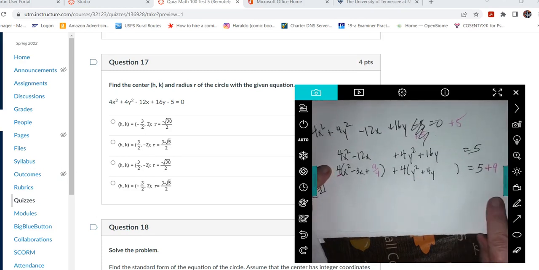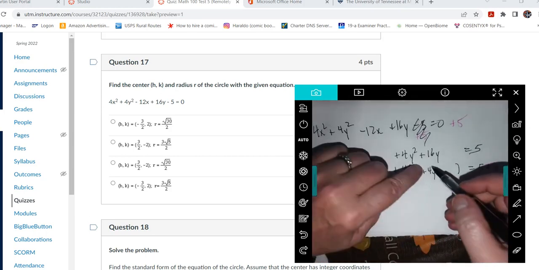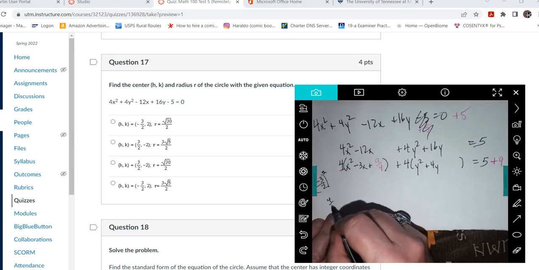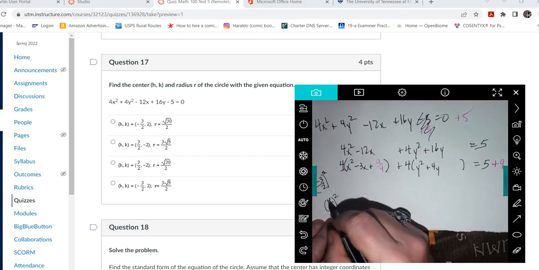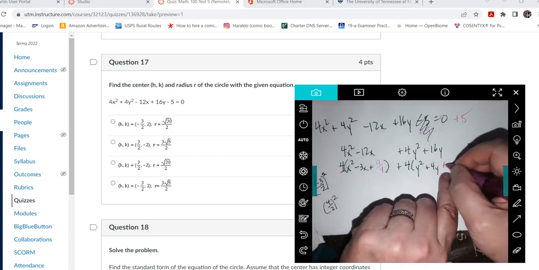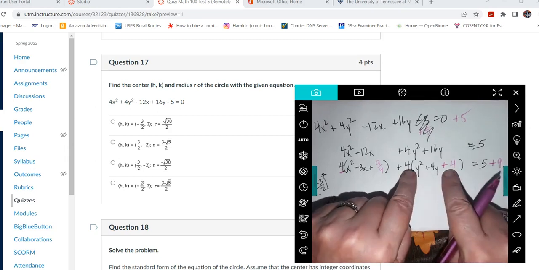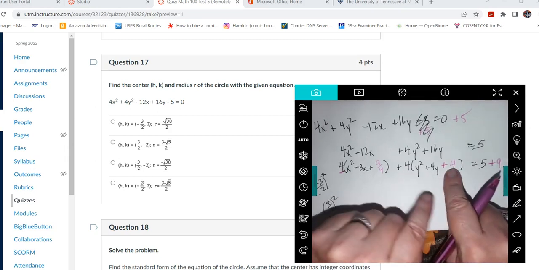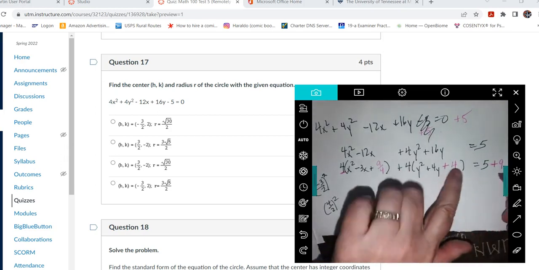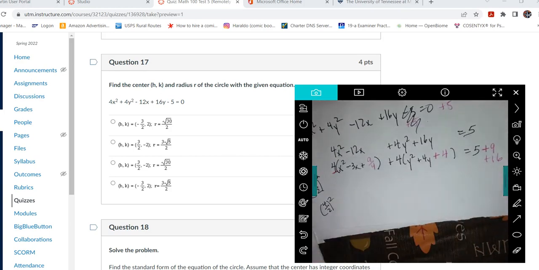Okay, so I'm going to have to add a 9 to both sides. And then for this one, I do the same thing. I take this number, 4, I divide it by 2, and I square it. So 4 divided by 2 is 2, and 2 squared is 4. So I'm going to add 4 inside here. But what I've really done is I've multiplied, I'm going to have to add 4 times what's on the outside. So I'm going to have to add 16 to make sure everything's the same here. Okay.